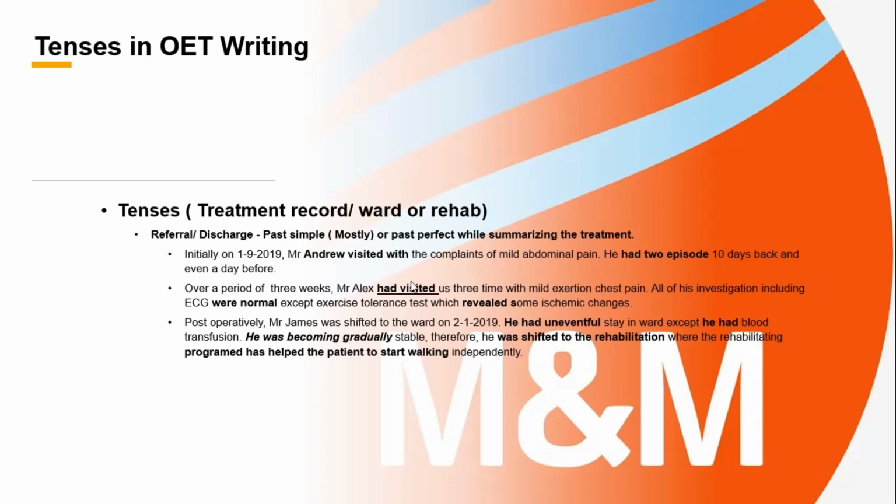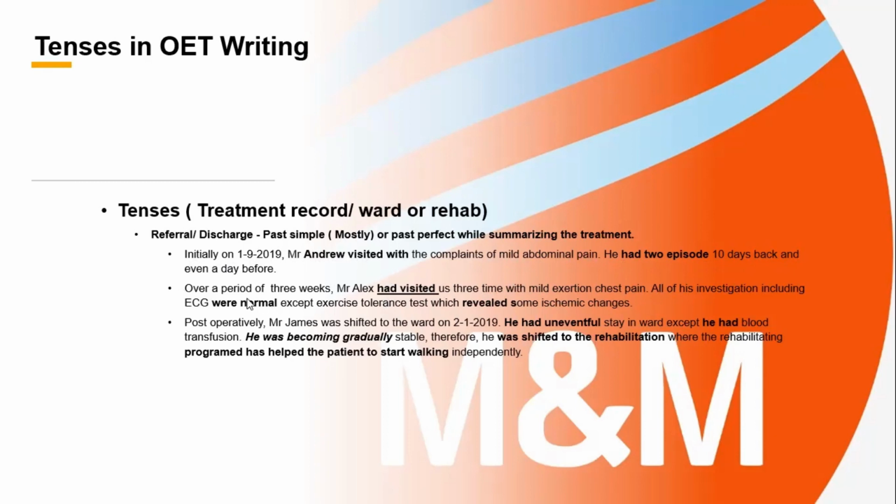It's the past simple. And in transition, he had 2 episodes, because this is the near past, like he visited you 10 days back, and even a day before, maybe on the 30th. So these are the past perfect tense, right? So you can use 2 tenses in the paragraph as per the importance.